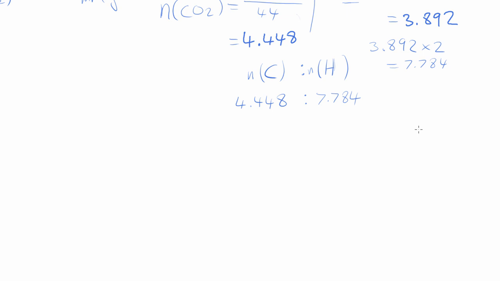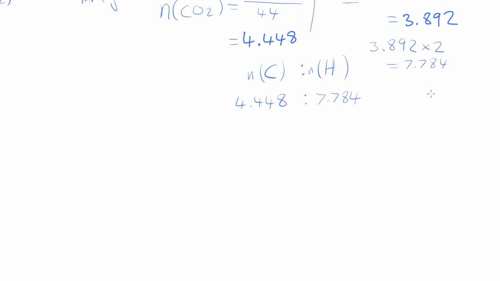Okay, so how are we gonna try and approach getting that? In this case, at this stage, what I'm going to do is divide both sides of the equation by the smallest number, right? And the smallest number which we currently have is the 4.448, right?